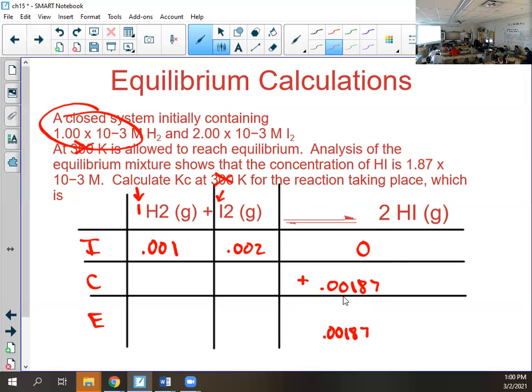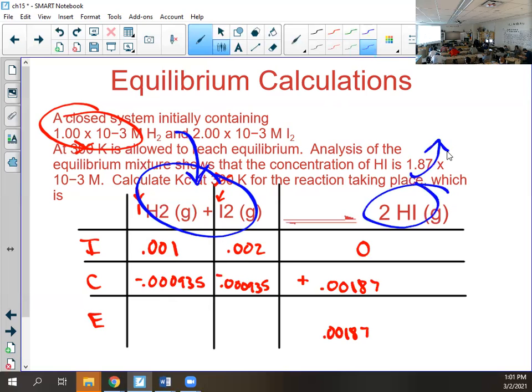So I don't know what 0.00187 divided by 2 is, but that's what this number is: 0.000935. And those are both negatives. How do I know they're negatives? Because they're going down. They're all going down, because reactants decrease, products increase. Okay, so then I do this math.